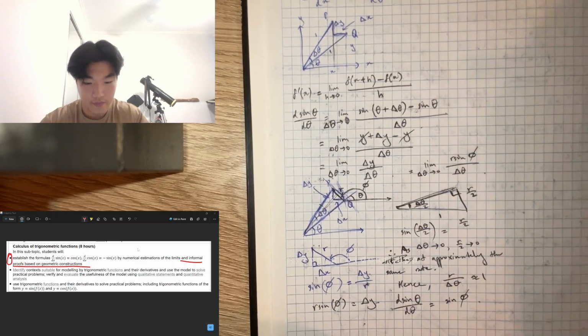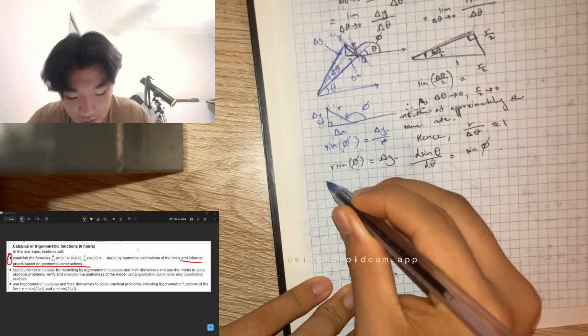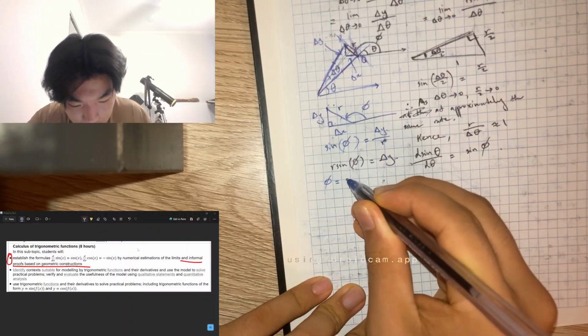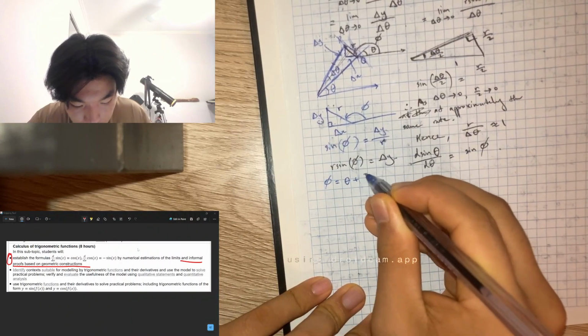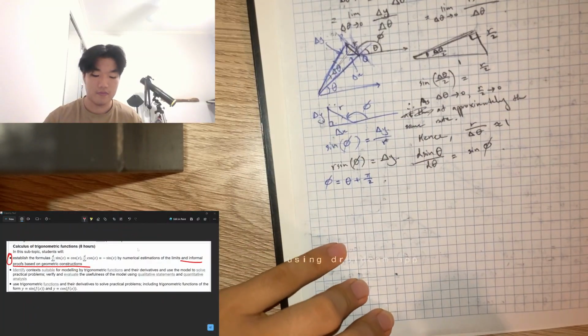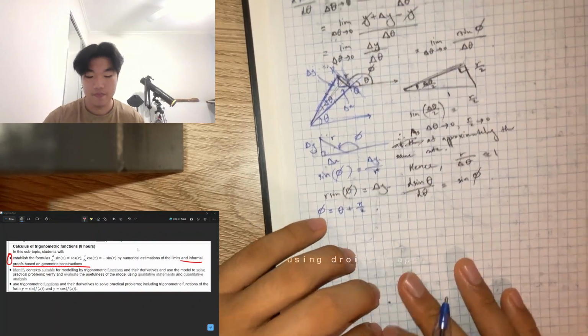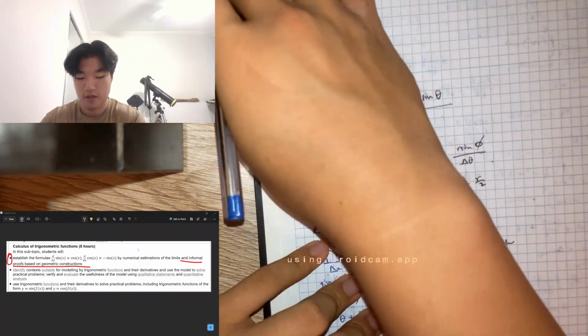So, in this case, phi represents theta plus pi over 2. Now, you could obviously calculate this yourself, right? Based on the information I just gave.